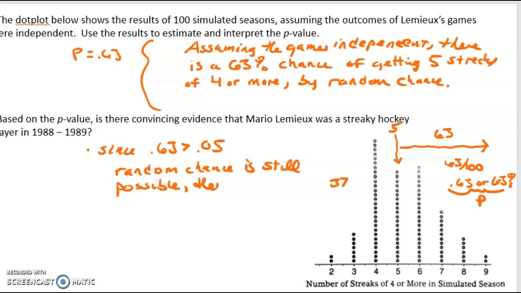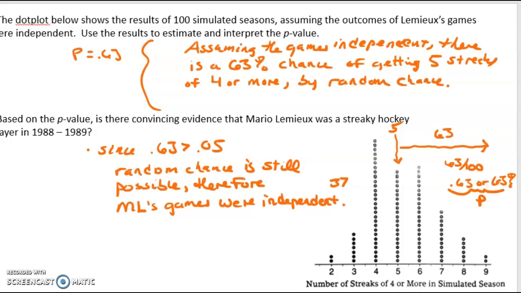Therefore, you have to go back, support the null hypothesis, in which case you would say Mario Lemieux's games attempts were independent. In other words, nothing to see here.